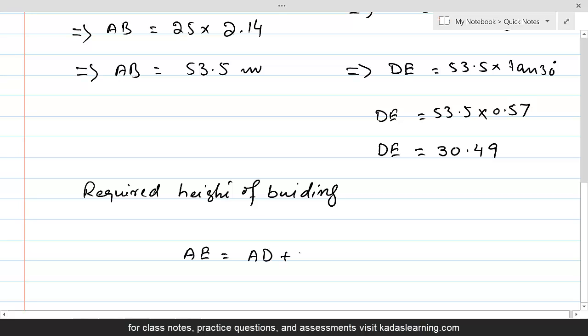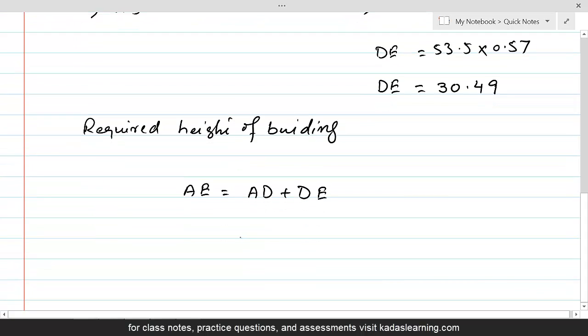AD is equal to 25, which was given already. So this is 25 plus DE, which we have just calculated as 30.49. So this will give us the total value of 55.49 meters. That is the height of the building which is just across the street.